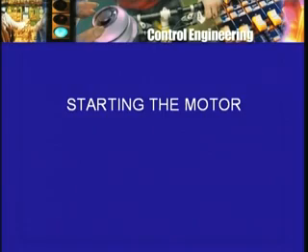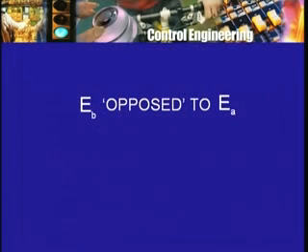Now as soon as the armature starts rotating, of course a back EMF is produced, and if one looks at the appropriate rules that give you the direction of the back EMF and the direction of the torque or the force that is produced, it will turn out that Eb will start increasing and will be in a direction opposite to Ea.